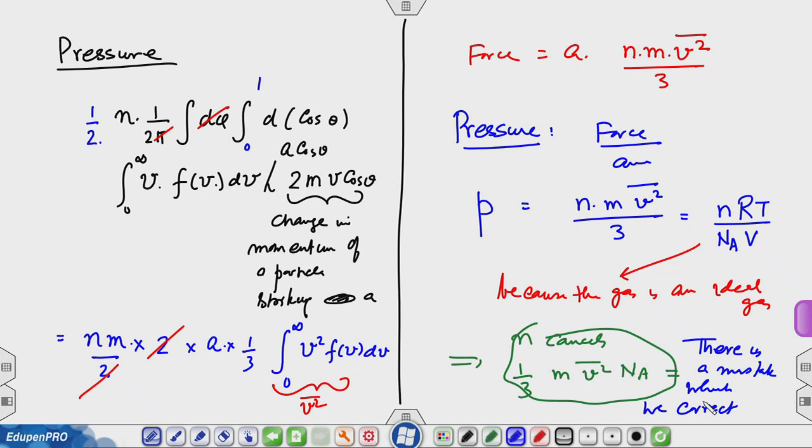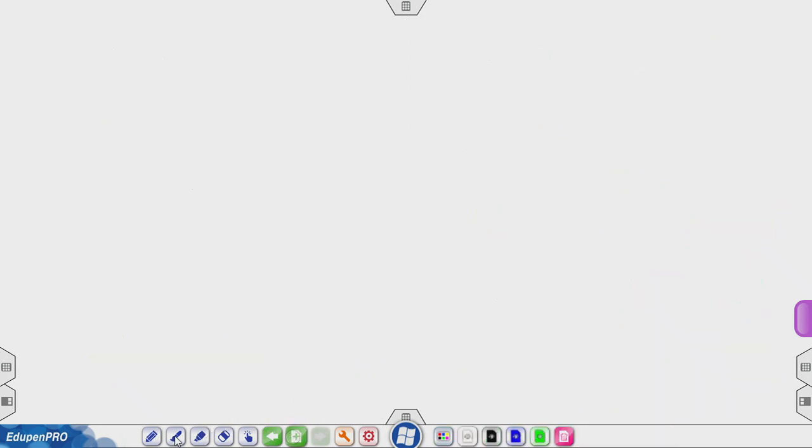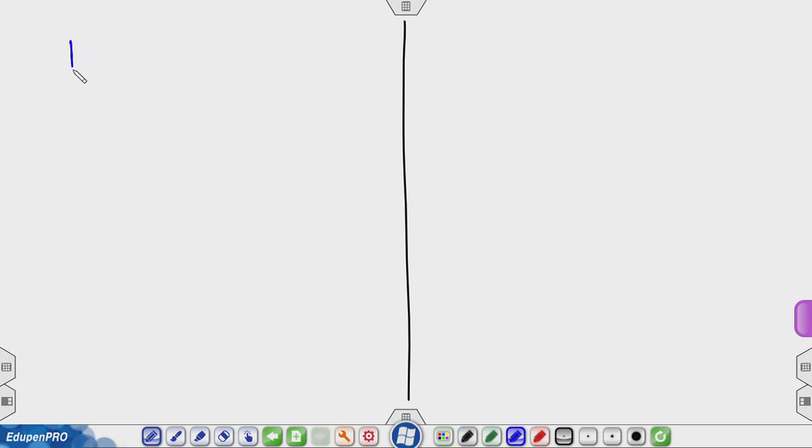So let's go to the next page, and we had written P equals n times 1/3 m v square average. n is the number density.